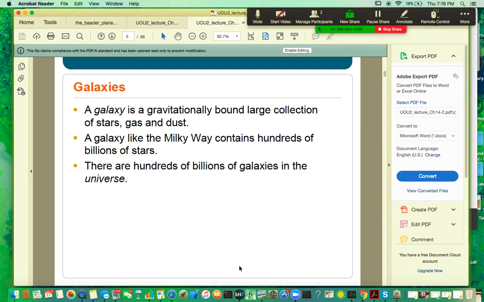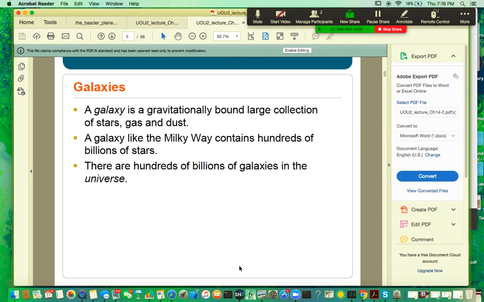Our sun is just one star. So think about dwarf galaxies, small galaxies, with hundreds of thousands of members. But in general, galaxies like our spiral galaxy, the Milky Way, have hundreds of billions of stars, just to give an idea of how populated that is.